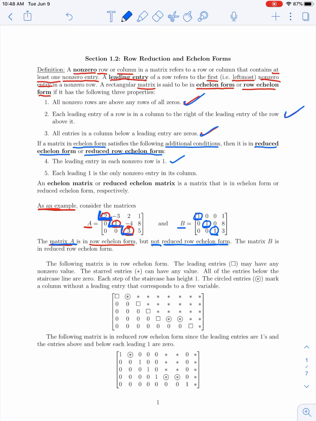So for our first column, this leading entry of 1 is the only non-zero entry in that column. For our second row, the leading entry of 1 is the only non-zero entry in that second column. And for our third row, the leading entry 1 is the only non-zero entry in that third column.